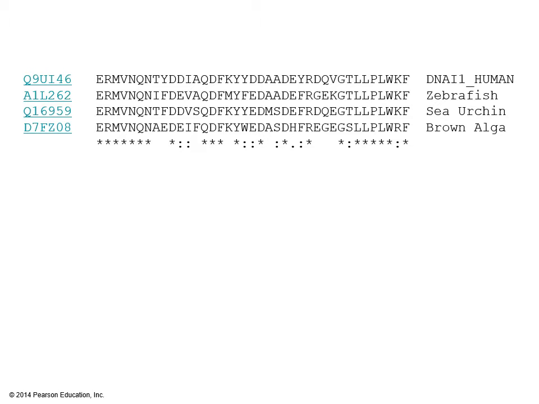And what this sequence shows us is that there are regions of the sequence that are conserved between these very diverse organisms. And this means that over evolutionary history, first of all, the fact that all 4 of these diverse organisms have this protein tells you that this gene was found in their common ancestor. So the common ancestor of these 4 organisms was a very early eukaryote.